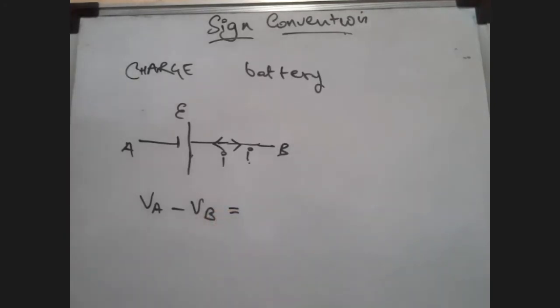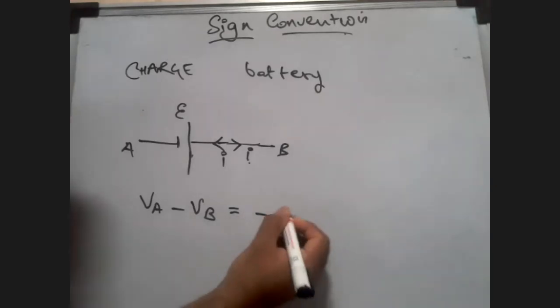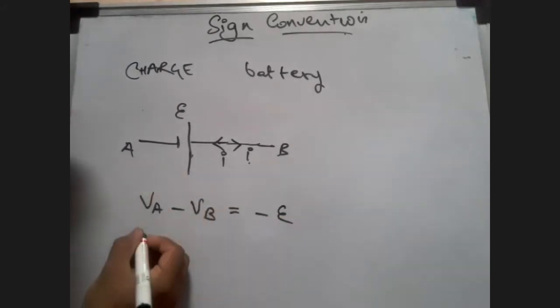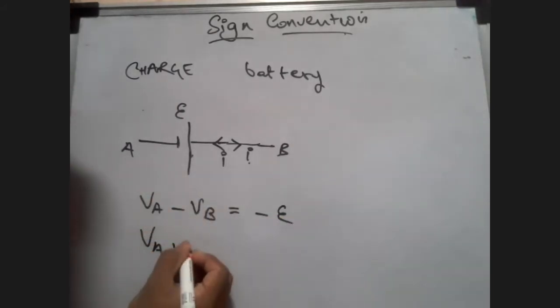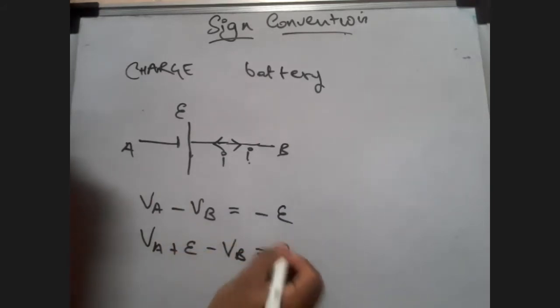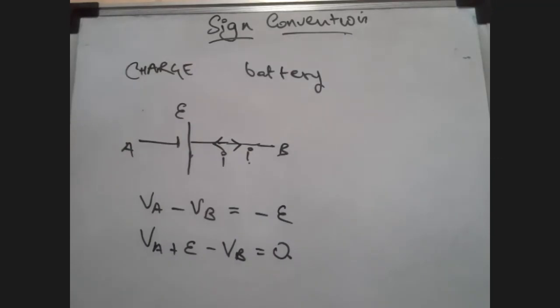In this case, VA minus VB will be minus epsilon. So if you take epsilon this side, it becomes VA plus epsilon minus VB equals 0. This will be the equation generated.